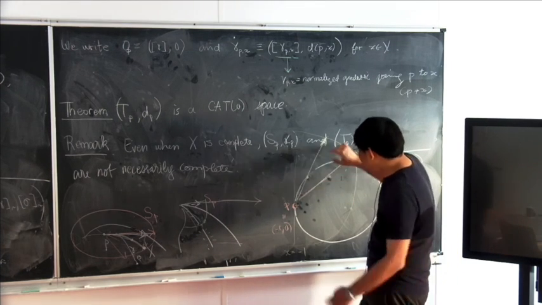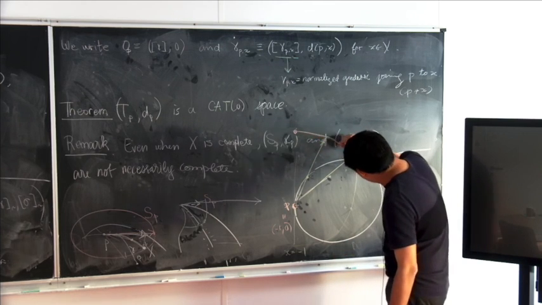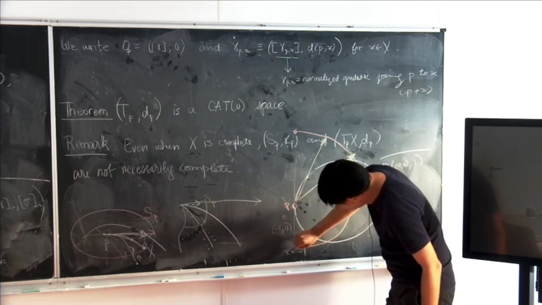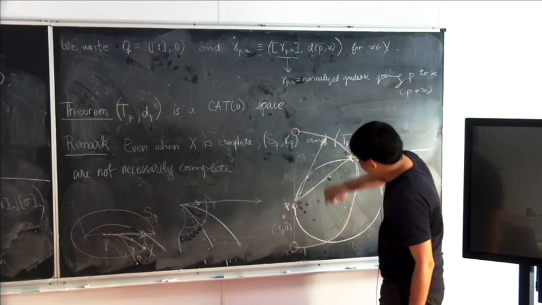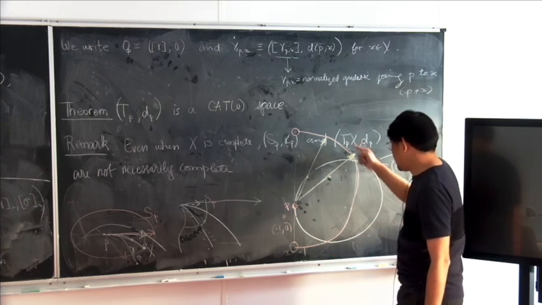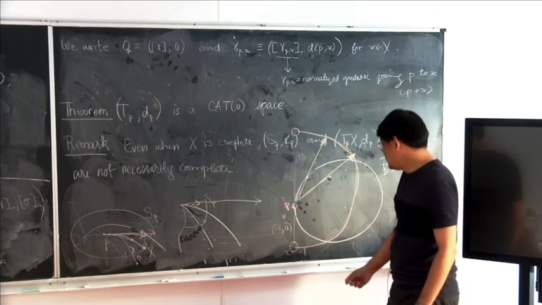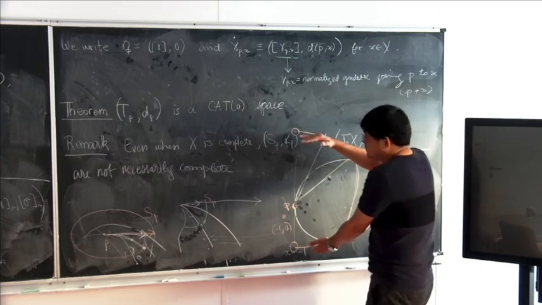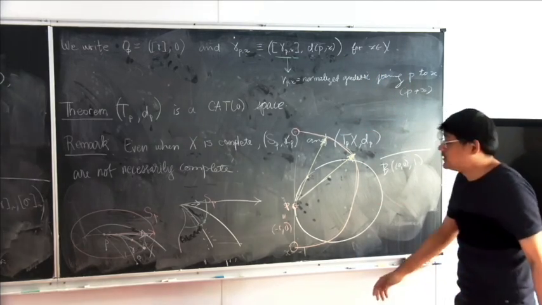And you can see that this is isometric to a half circle without the endpoint. The endpoint is excluded. It's isometric to this, and this is not complete. And if you generate the tangent space out of this space of directions, you also get an incomplete metric space.